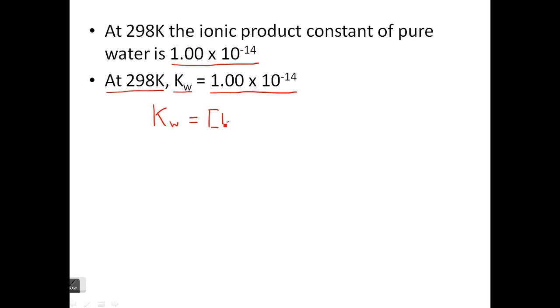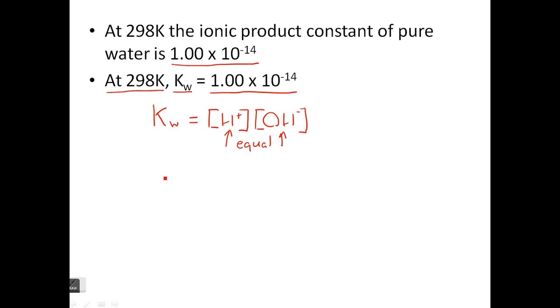So we write the equation, which is Kw equals H plus times OH negative. Now, for pure water, the concentrations of the H plus and OH negative are equal.